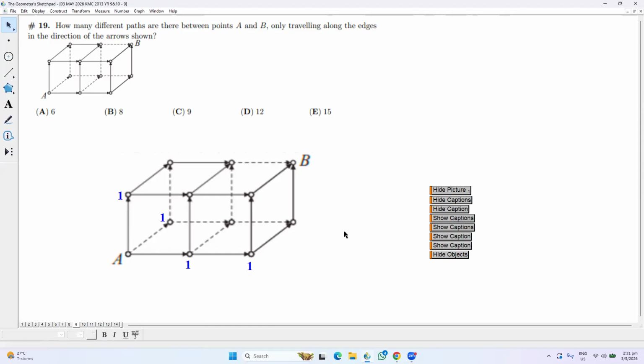Then for those 2 ways, this point is 2 ways because you can go here, then here, or here, then up. For this point, go up and then horizontal, or horizontal, then up. For this point, we also have the square. One way, go to here, and then second way. So 2 ways.